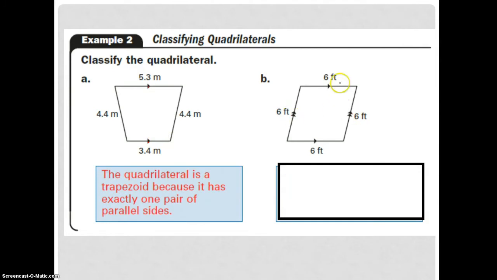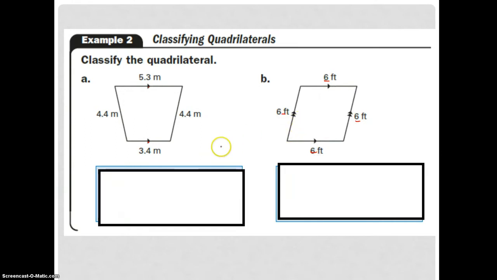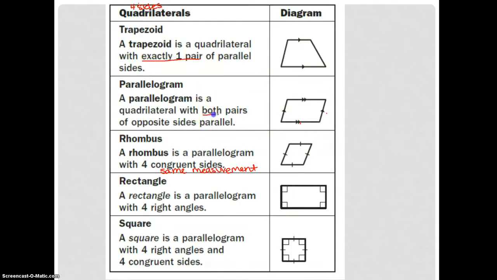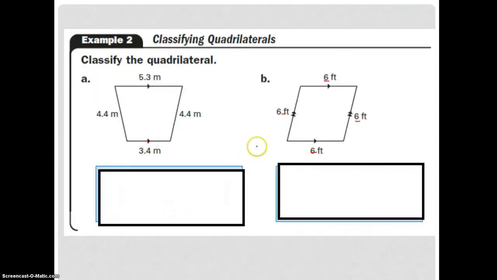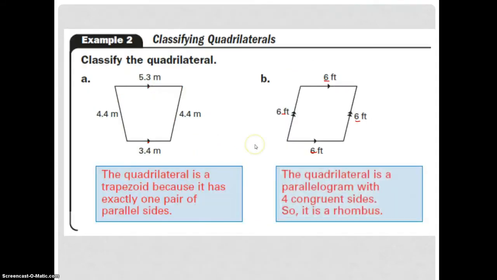Part B, you have 2 pairs of parallel sides, and look at the measurements, 6, 6, 6, 6. So not only is it 2 pairs of parallel sides, but you also have the same measurement on all sides. I would call this a rhombus.